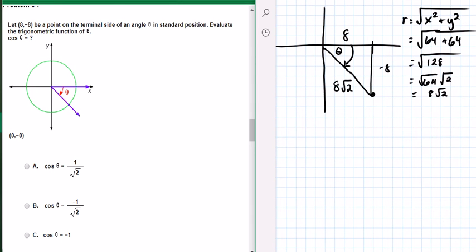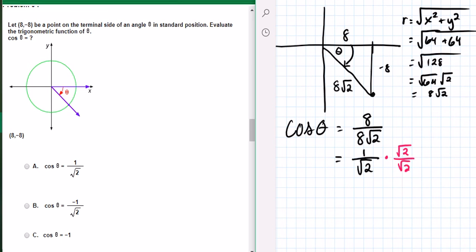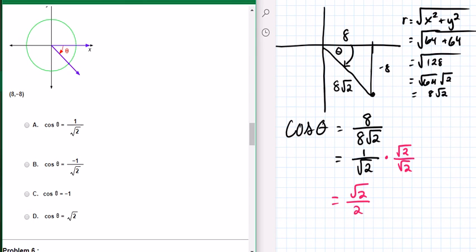Alright, so I need to find the cosine of angle theta. Cosine of angle theta is going to be my adjacent, 8, divided by my hypotenuse, 8 radical 2, which reduces to 1 over radical 2. And properly going through the rationalization of the denominator, you would multiply by radical 2 over radical 2, and you would get radical 2 over 2, but not in this case.